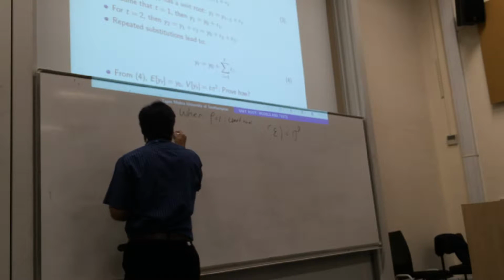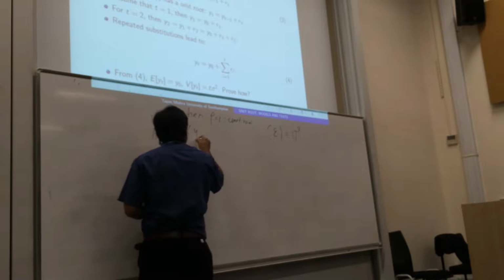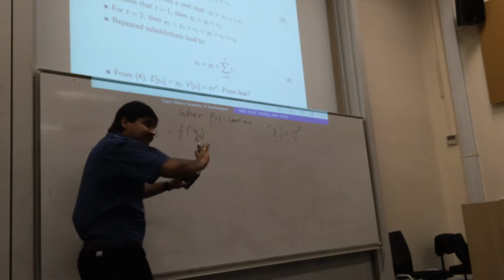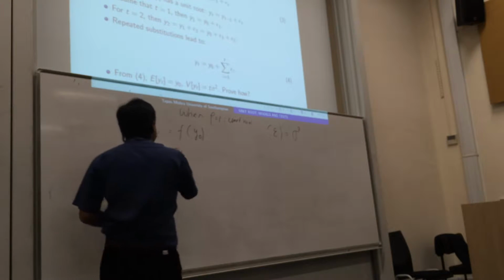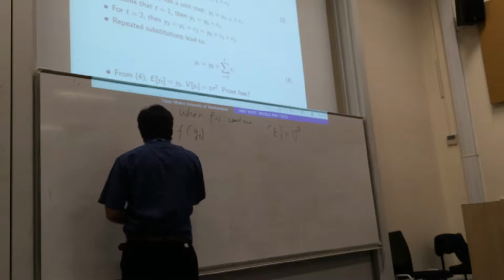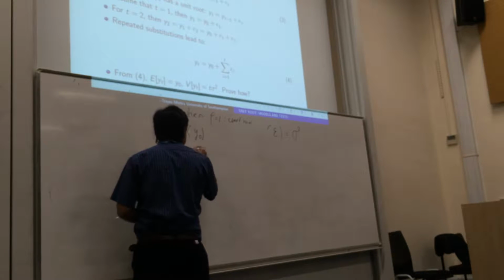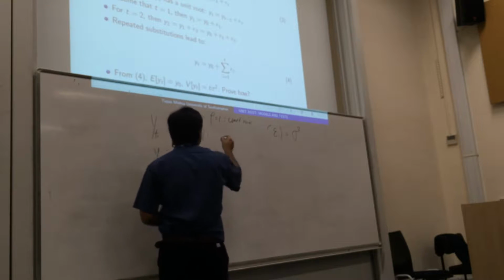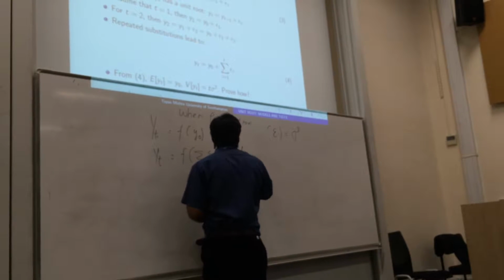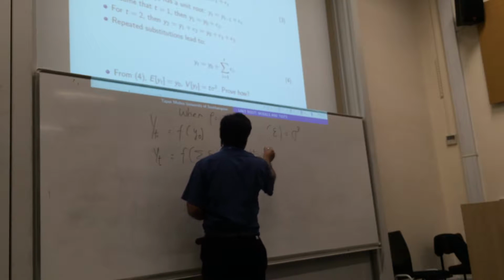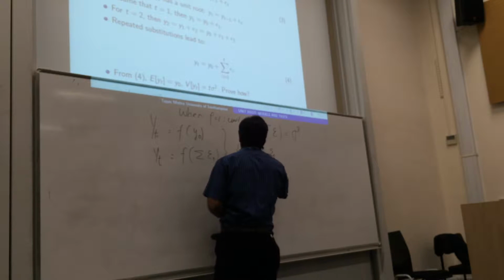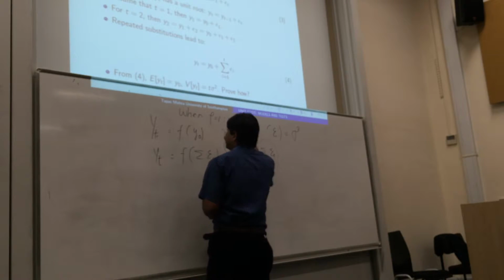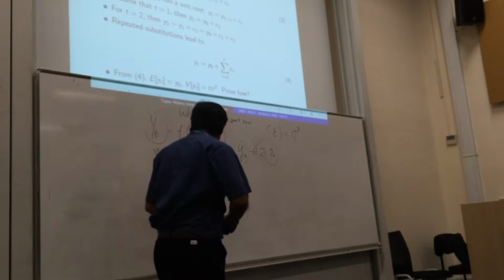Yt is explained by y0, the initial value, and also by the sum of the errors. So we write y0 plus the sum of these errors.